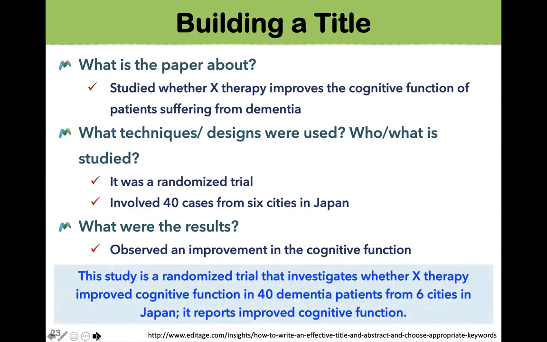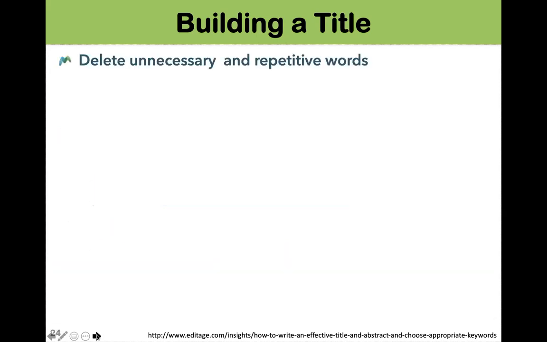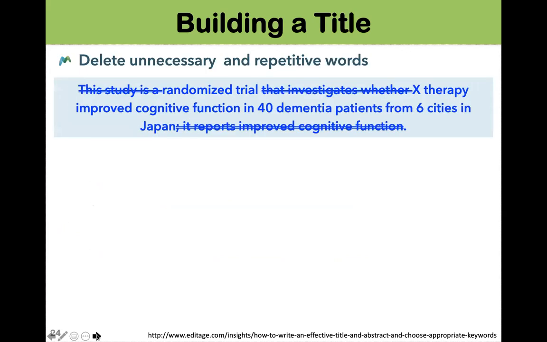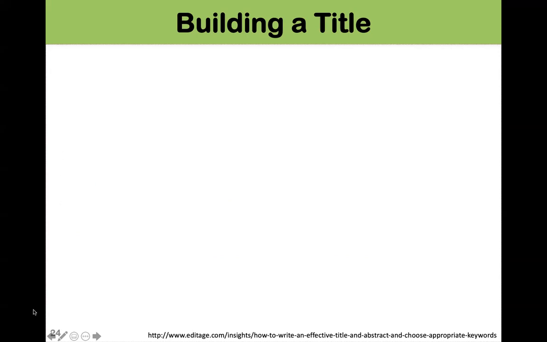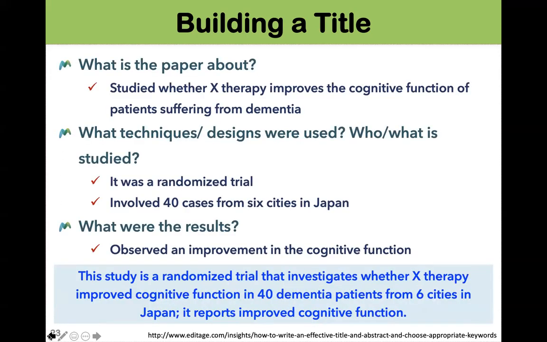Based on these three questions, here's the statement: this study is a randomized trial that investigates whether X therapy improves cognitive function in 40 dementia patients from 6 cities in Japan, and it reports improved cognitive function.